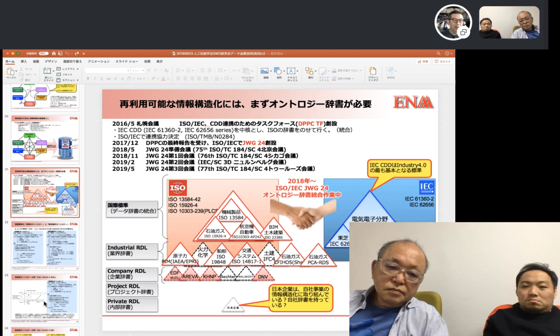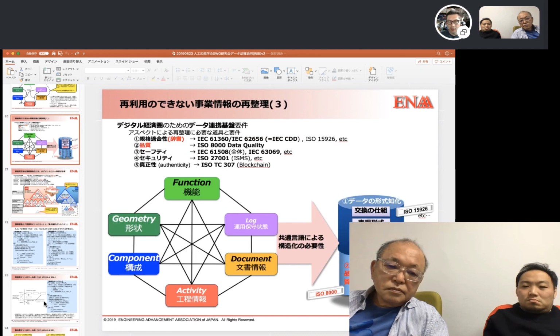Going back to the original story, we need a dictionary here, but more specifically, we need the consensus dictionary.